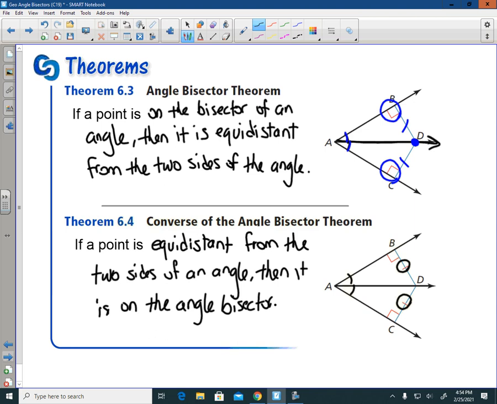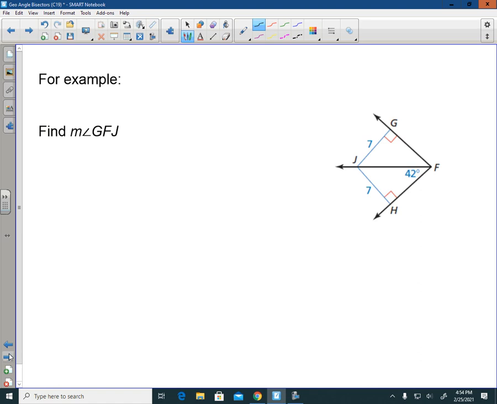Knowing these theorems tells us other things about these figures. It's one thing to know a theorem, it's another thing to know how to use it. So that's what we're going to concentrate on. What we're being asked to find is the measure of angle GFJ. So let's wrap our heads around it. We want to find this angle right here, GFJ. Okay, well, let's look at the evidence that we have. We have a point, J, on some ray coming through this bigger angle, GFH.